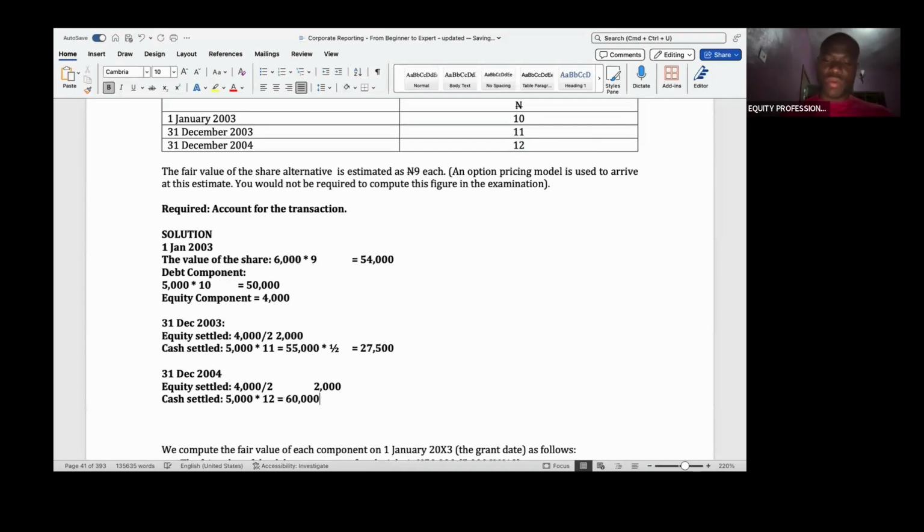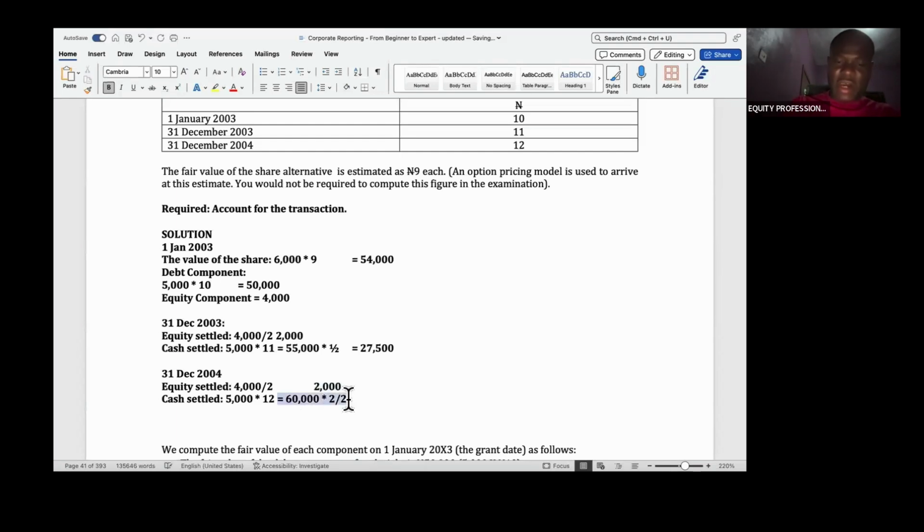So in year two, what would be our liability is this 60,000, because don't forget it will be 2/2. The same thing as the equity settled: 4,000 will be in reserve, and 2,000 will go to staff costs.